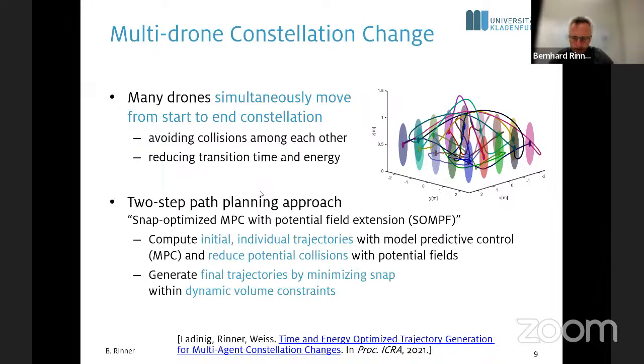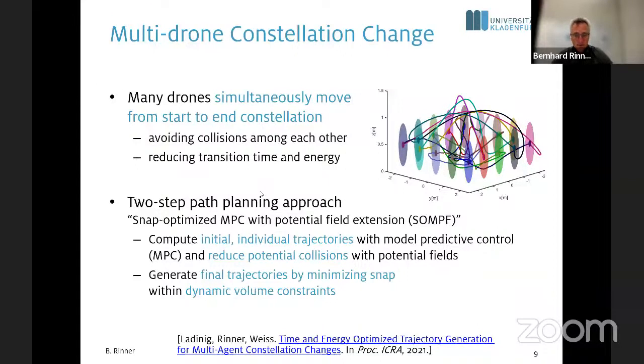What we do is follow a two-step planning approach for this coordination problem. The key idea is that we first start with some kind of rough planning for the individual drones. For that, we simply apply some standard model predictive control. However, the problem with this model predictive control is that there might be collisions. When we plan individually for each robot, we might cause some collisions.